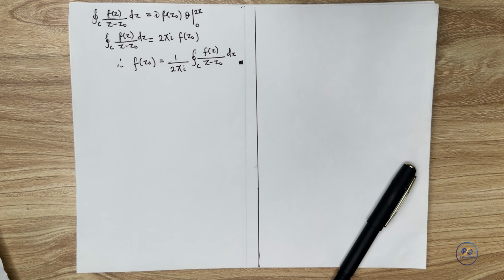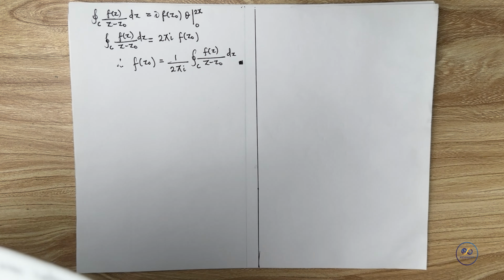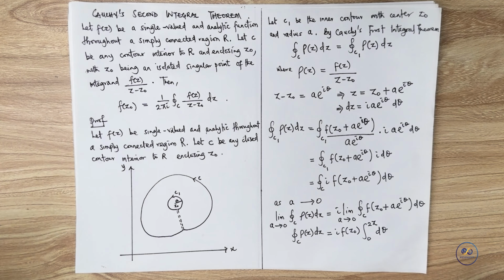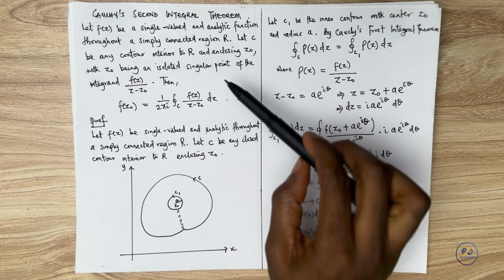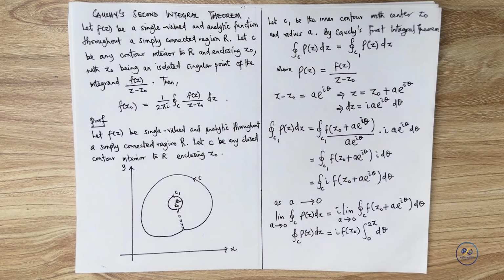So what you would notice from here is, first and foremost, what is necessary is the understanding of the fact that because the contour contains an isolated singular point, a hole is formed somewhere within that contour, thereby creating a doubly connected region.